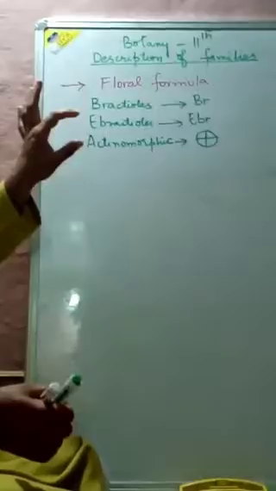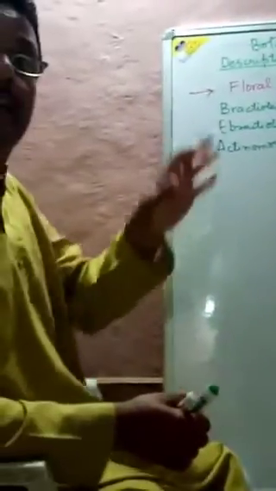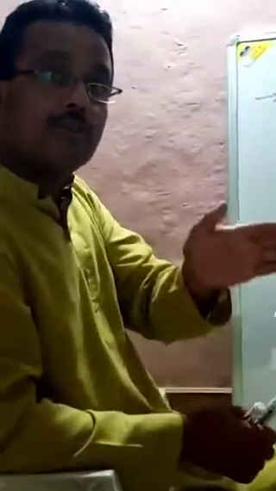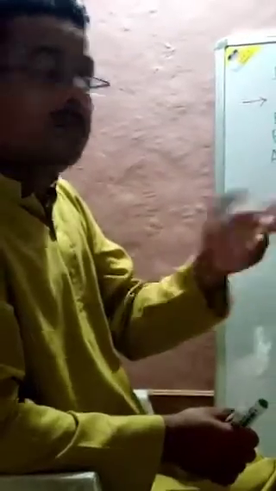This actinomorphic signifies that the flower in any plant can be cut into two equal halves. If we cut the flower in any plane, whether longitudinal or vertical, it can be divided into two equal halves.